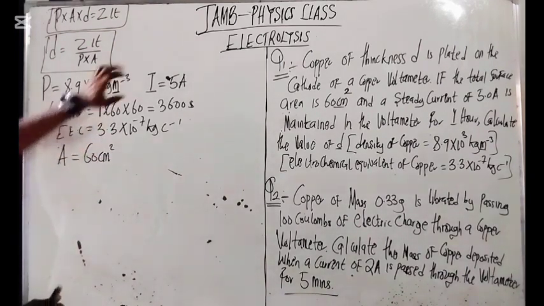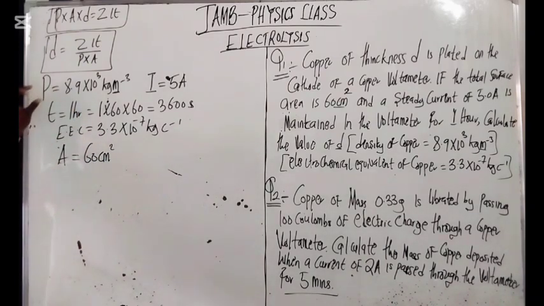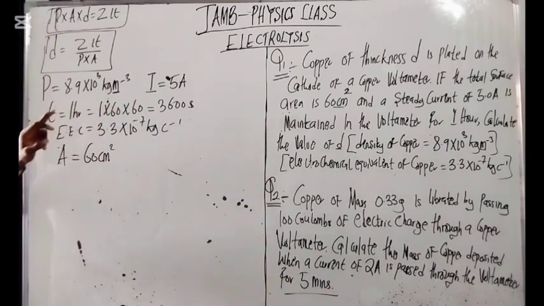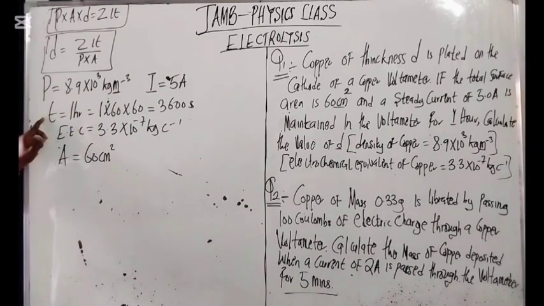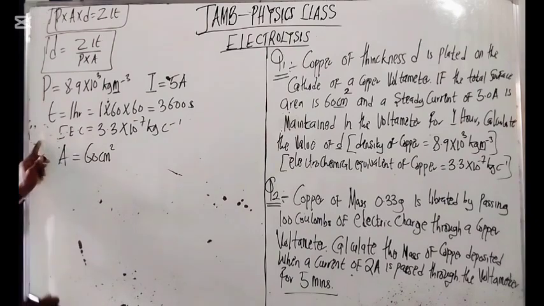Because we know all the values here, we know our P, our I, our T, and our Z, which is the electrochemical equivalent.